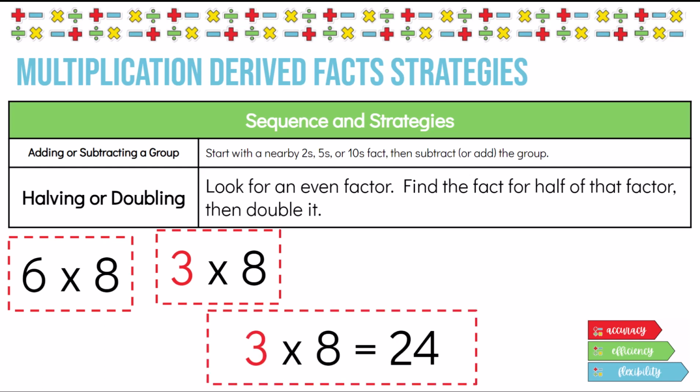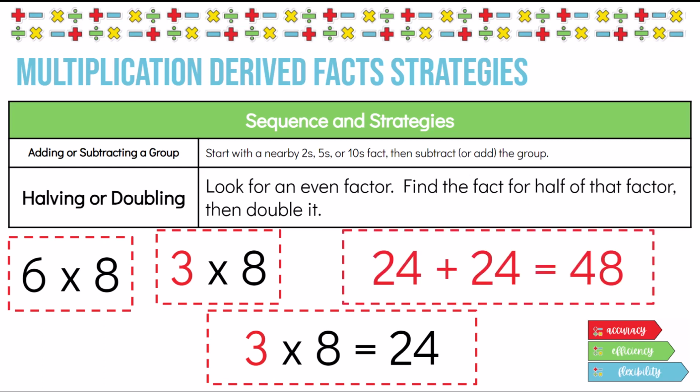Once I have my 24, I can double it, and that would help me get 48. So I know now that 6 times 8 is actually equal to 48. With sufficient experiences with halving and doubling relationships, students learn to flexibly apply this understanding to unknown facts.